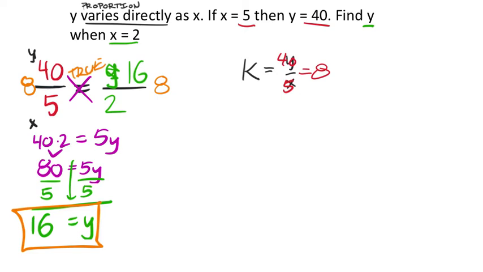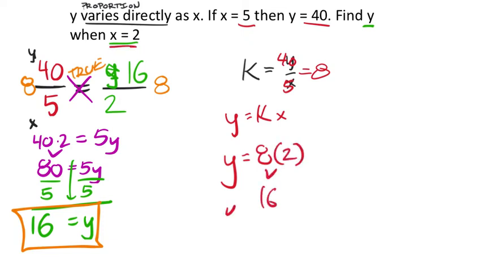And so y equals kx from that last slide. So we're solving for y in this case. The k is 8, the x is 2 for that one. It's the green 2, which is 16. So you get the same answer both ways, but this one is using the proportional constant there in red.